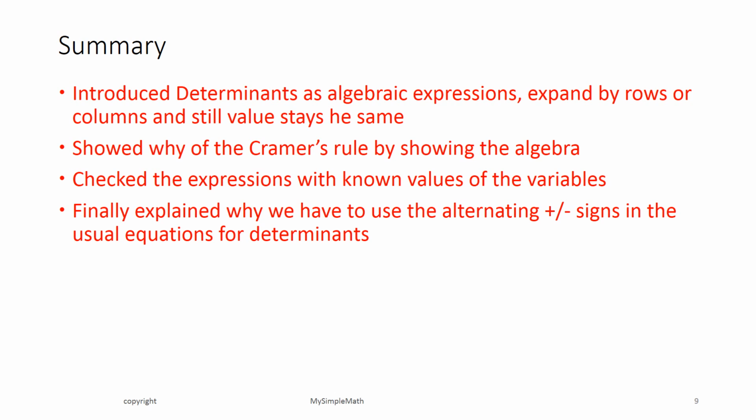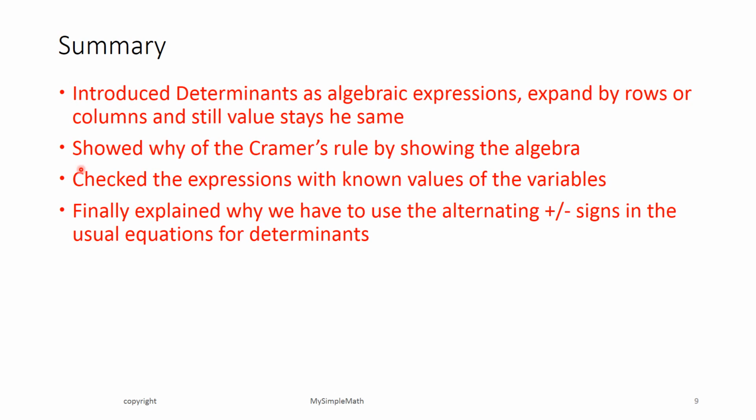So in summation, I have introduced the determinants as algebraic expressions, expanded them by rows or columns, and tested the expansion by rows and columns, and still the value of the determinants as well as the values of the unknowns x, y, and z stay the same.